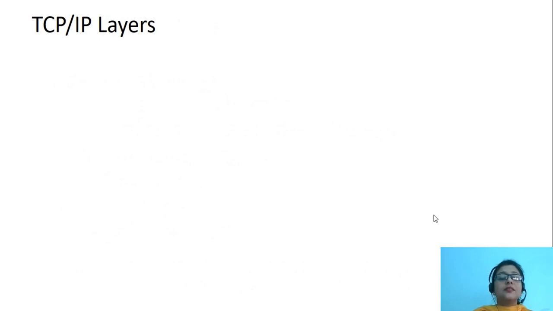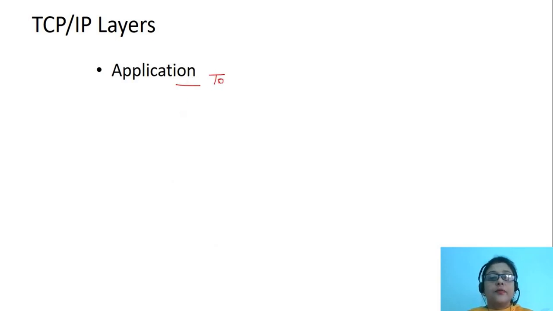Now let us understand the different TCP IP layers. The different TCP IP layers are the application layer. This is the topmost layer. And mainly the APIs are used here.